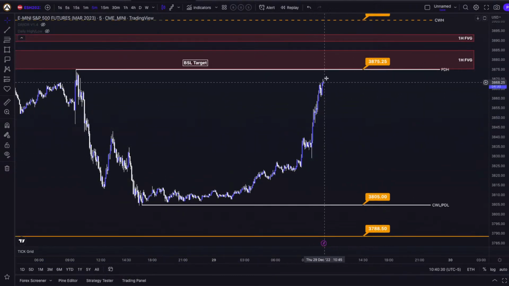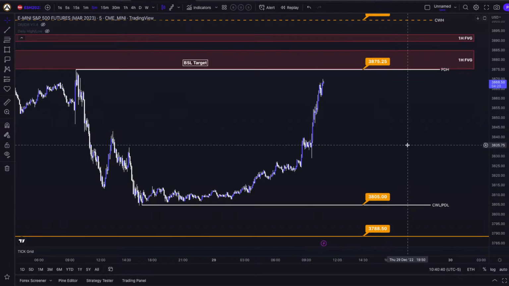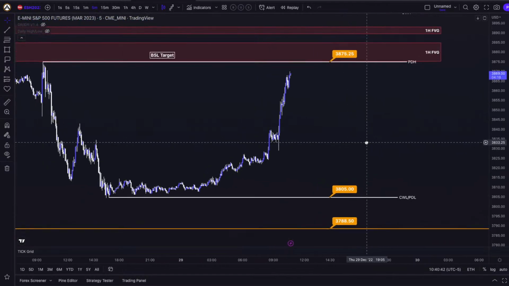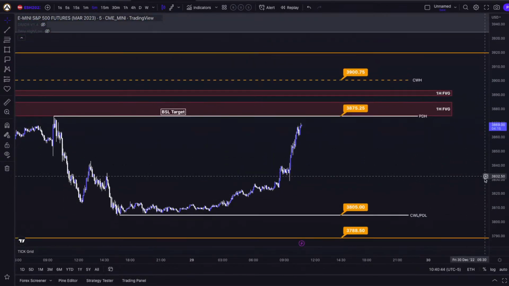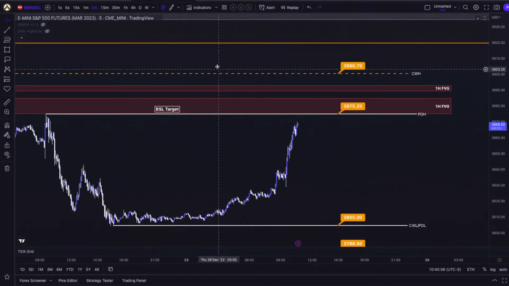So I'd say those would be the next areas or draws on liquidity to be targeted before we might continue taking out our current week's low and our previous day's low basically. But overall, we're still inside our previous week's high, represented by this thick orange line, and our previous week's low, represented by this lower thick orange line. Alright, so on a weekly basis we are trading inside.